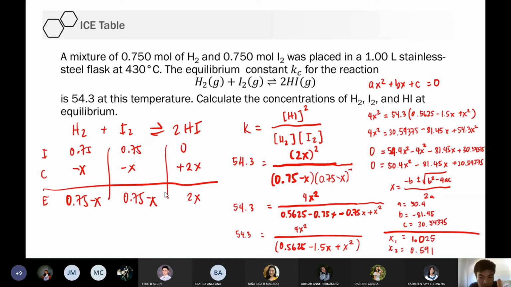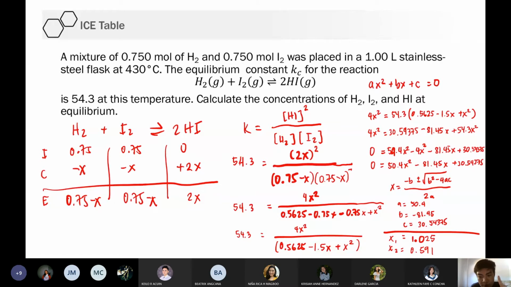Which of the two are we going to use? We have 1.025 and 0.591. Among those two, only one must be used. So let's check if we're going to use 1.025 or 0.591. These are the criteria for the x value.